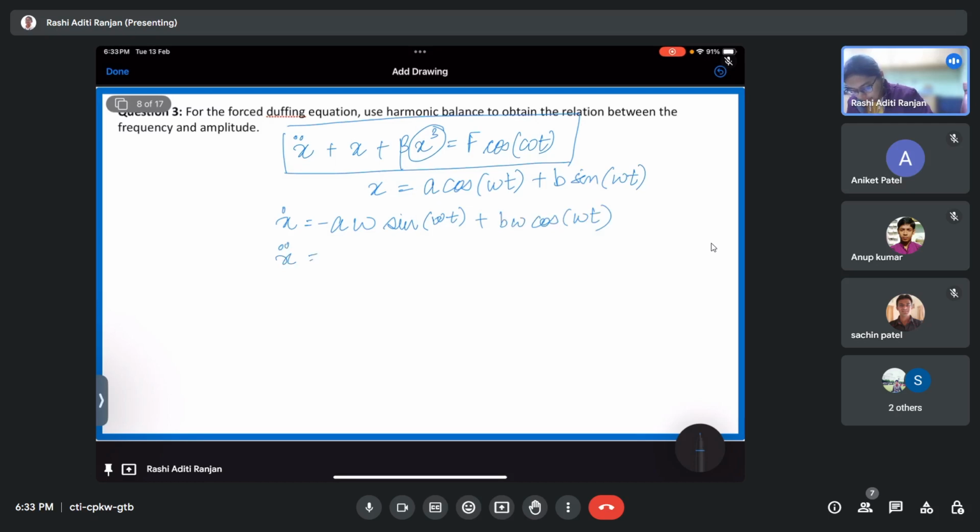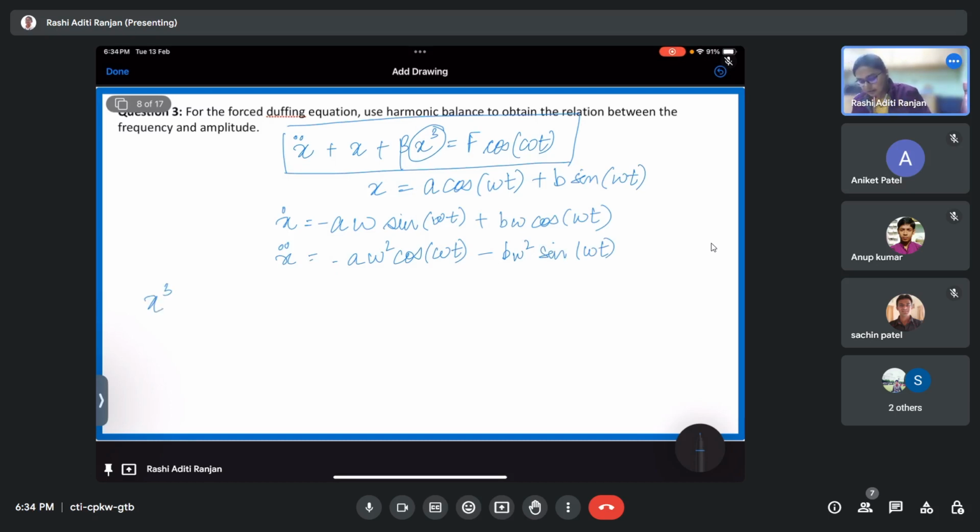Similarly, I can get x double dot as minus a omega square cos of omega t minus b omega square sine of omega t. Is it fine?